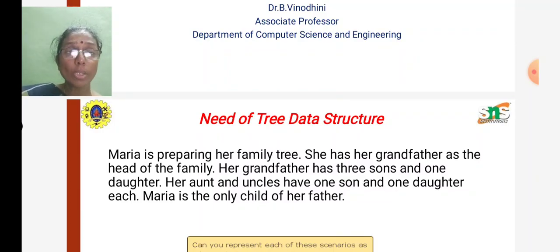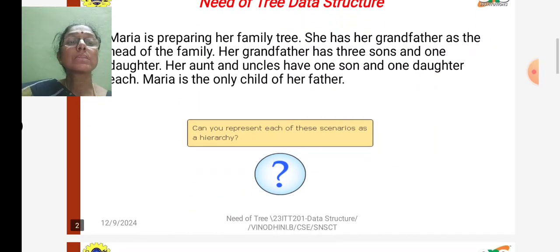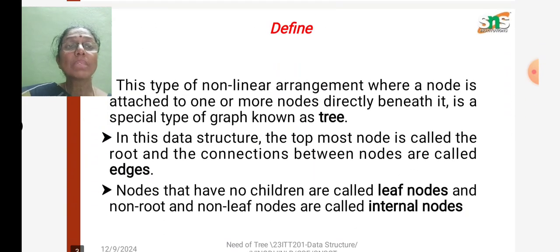The tree is a non-linear data structure used to represent the hierarchical nature of our problem statement. First, let us define what a tree is. A tree is a non-linear arrangement where every node is attached to one or more nodes at the next level. In this data structure, the topmost node is called the root.